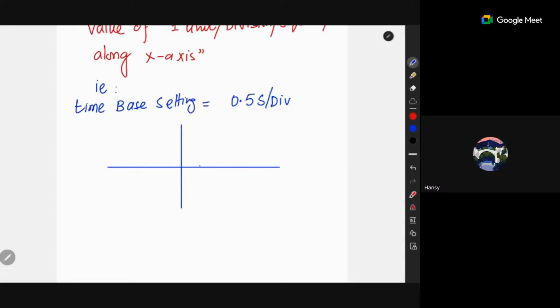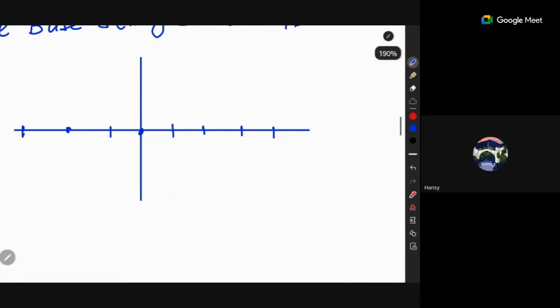This way. So one, two, three, four. So basically, on x-axis, one division is indicating, and this is scale actually, 0.5 seconds. You got it?